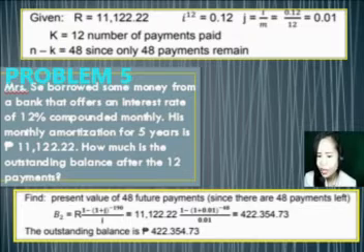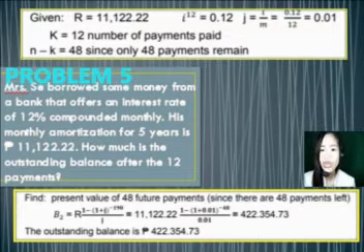Based from the problem, it is given that our periodic payment is 11,122 pesos and 22 centavos. K, the number of payments paid, is 12 payments. That can be read in the last sentence: after the 12 payments.